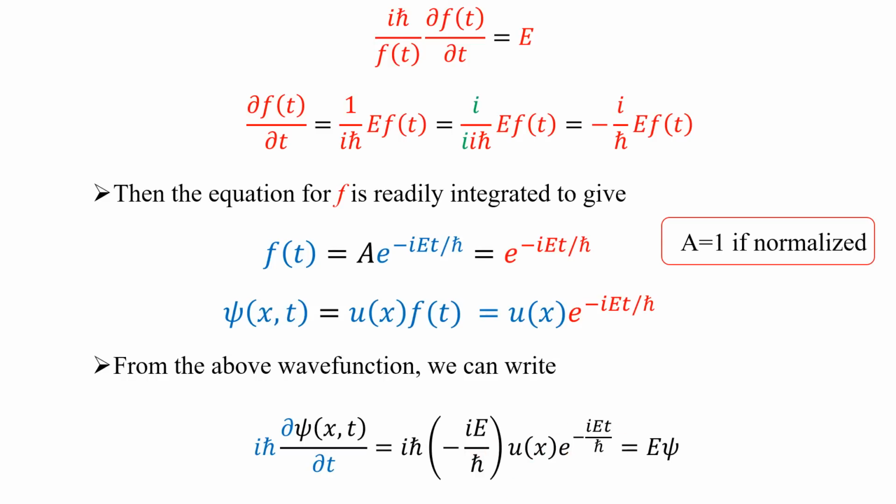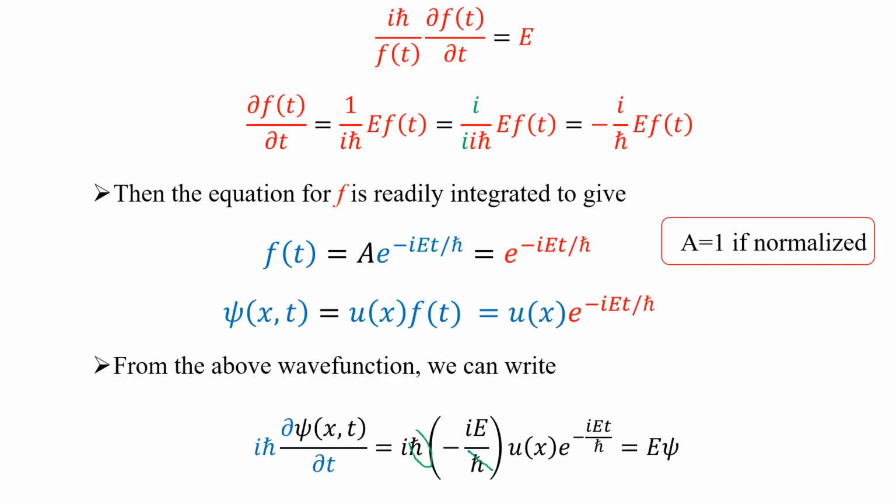Now you simplify this. h cross and h cross will get cancelled. And here i squared is minus 1, so minus of minus will become plus. So the only term left is E, which I have taken as it is.